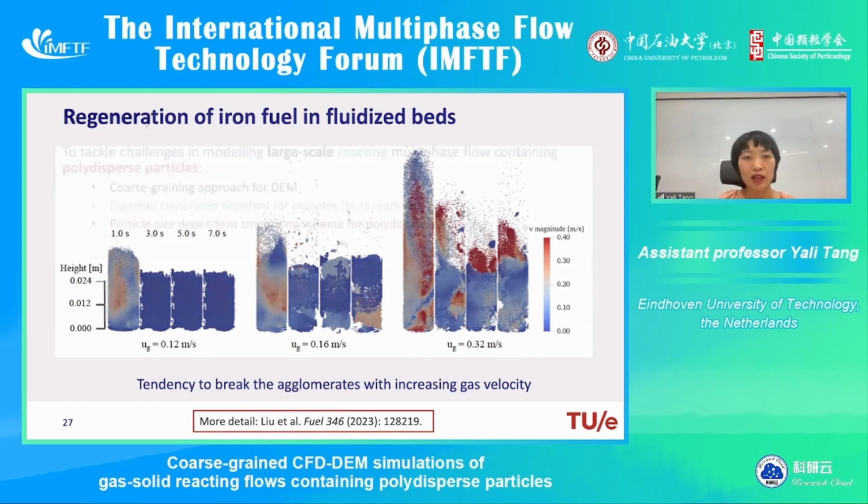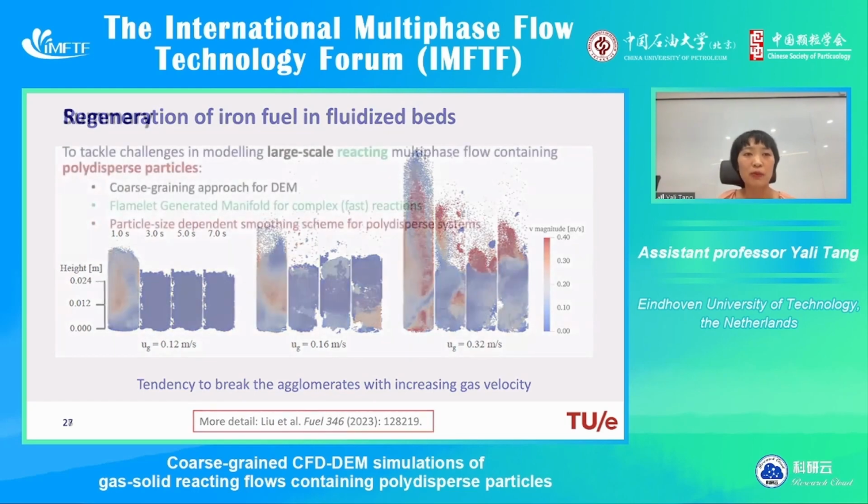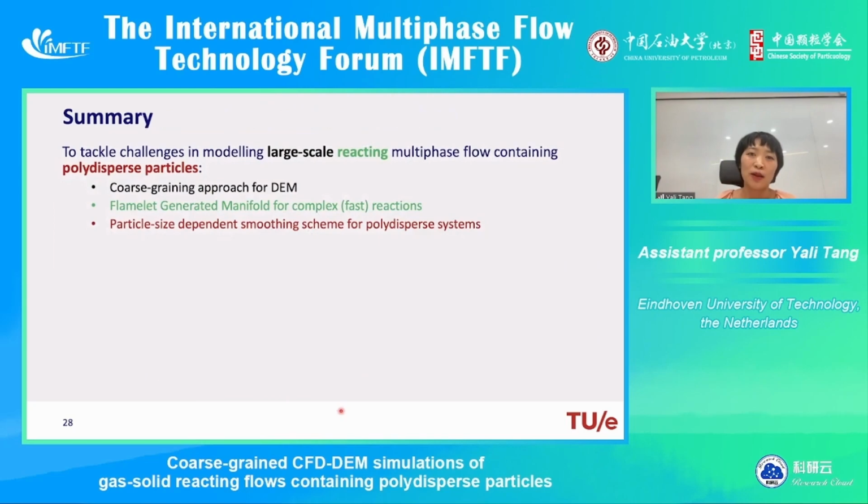I think that brings me to a summary of my talk. We have developed a numerical framework to tackle challenges in modeling large-scale reactive multiphase flows, especially those containing polydisperse particles. This framework is built based on discrete element simulations.